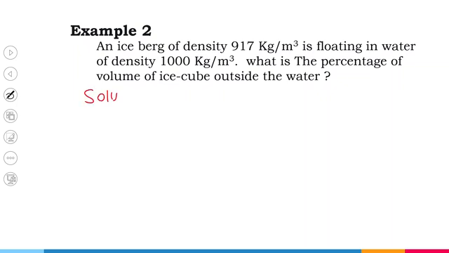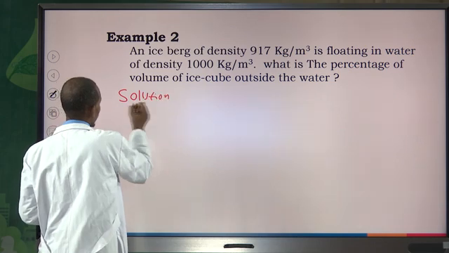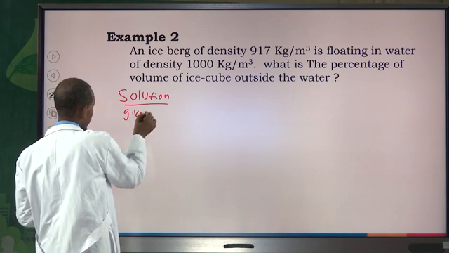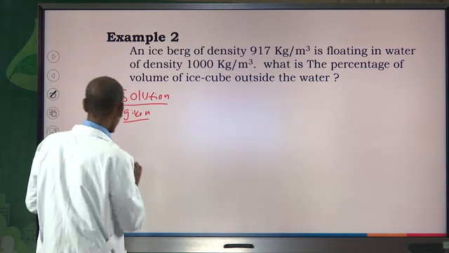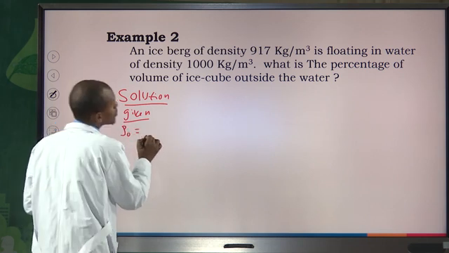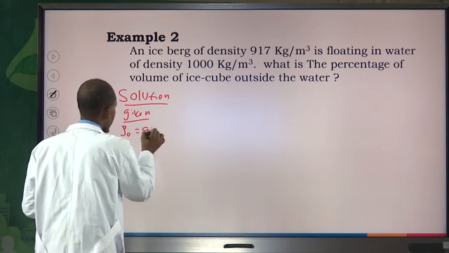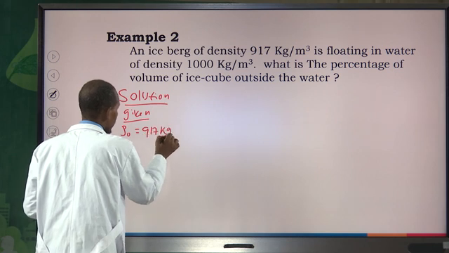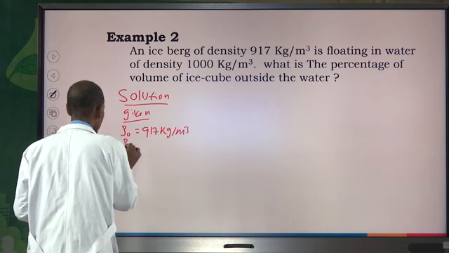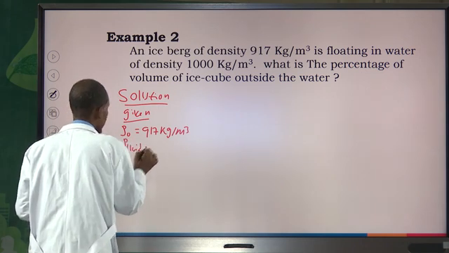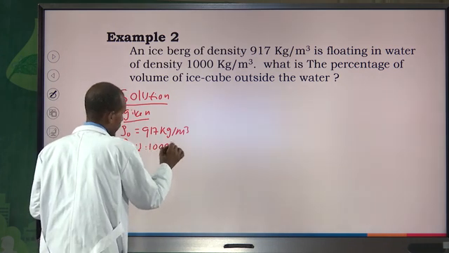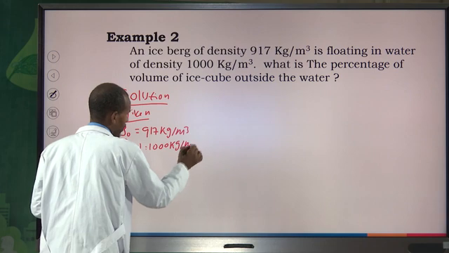Solution. We have given that the density of the object is 917 kilogram per meter cube, and the density of the fluid is 1000 kilogram per meter cube.